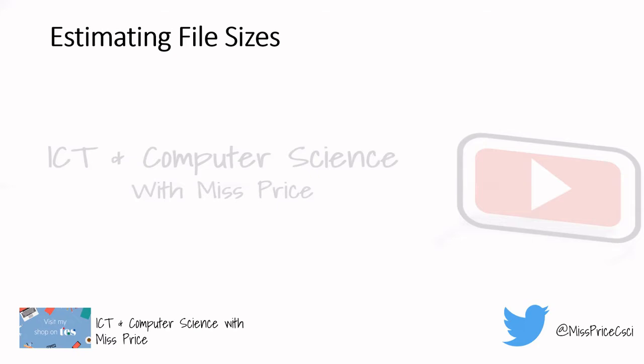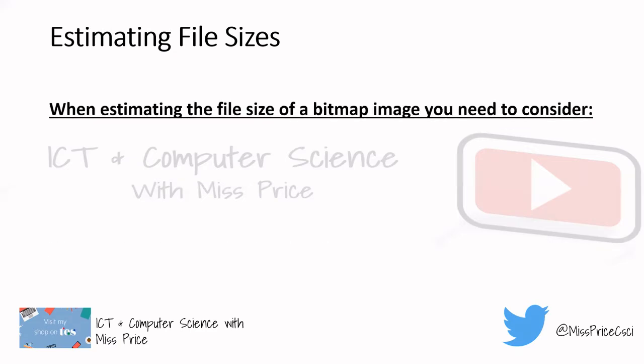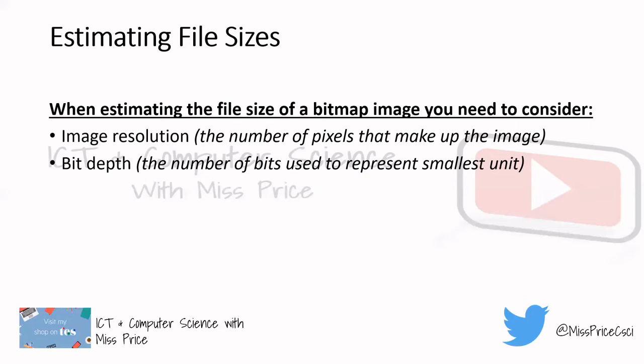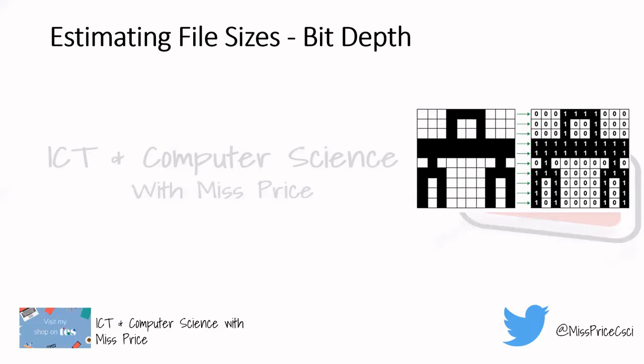Now, estimating file sizes. Because bitmap images are pixels that are just simply made up of coordinates, they are rather big file sizes. So when we estimate the file size of a bitmap image, you need to consider the following: image resolution, the number of pixels that make up the image, and the bit depth, that's the number of bits used to represent the smallest unit.